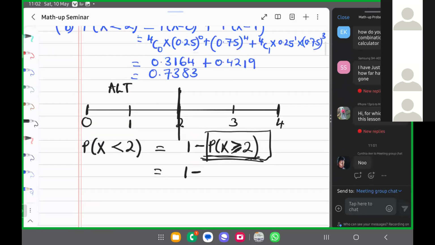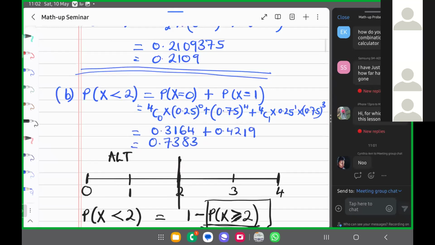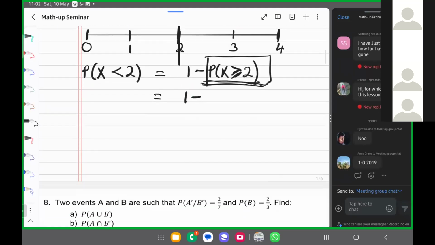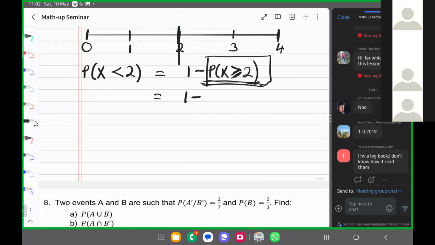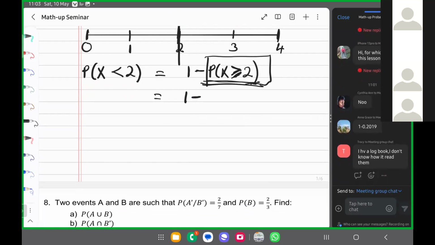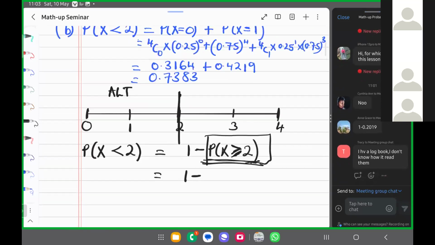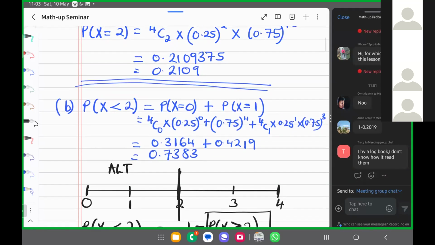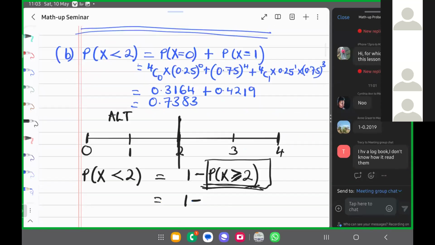But that's how we get it if you're not using the first method. Yeah, we shall move to the next question. I hope that, okay, someone is telling me 1 minus. Okay, maybe we shall see how to read it off from a logbook at the end, I'll try to see if I can get it. We shall go to the next question. But I hope you understood the first method, because that can also give you the marks.